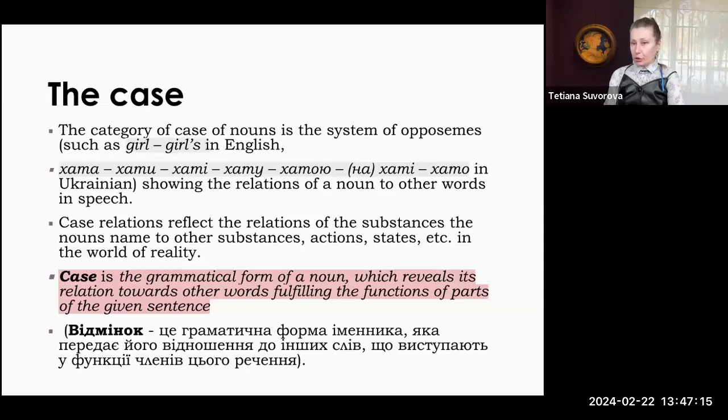The next category, the category of case, just a few words because we lack time. In both languages we have this category, but as far as you understand, they differ greatly because in Ukrainian we have cases, while in English, in practical grammar, you will learn that at least two we can have: the genitive case and the common case, okay?